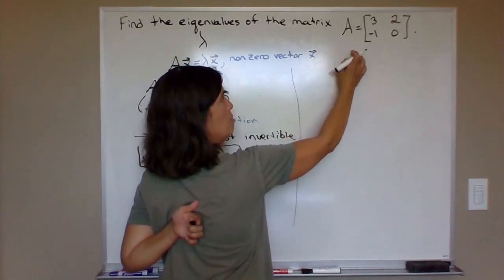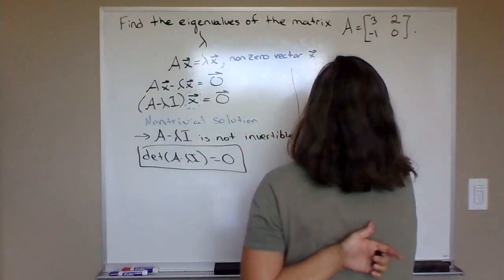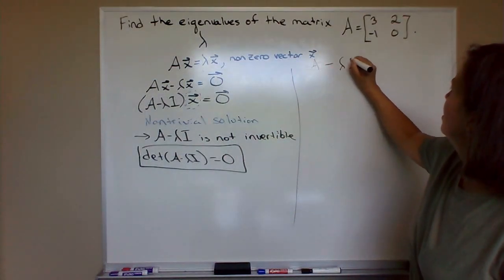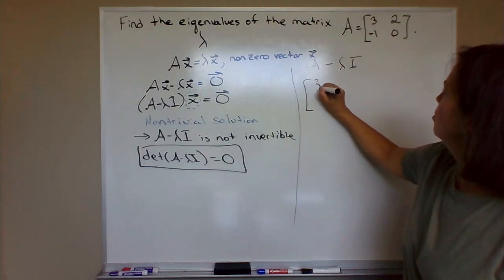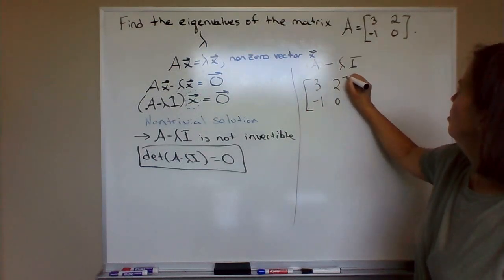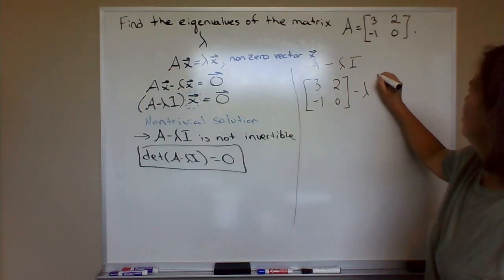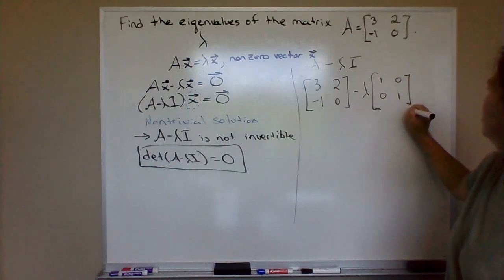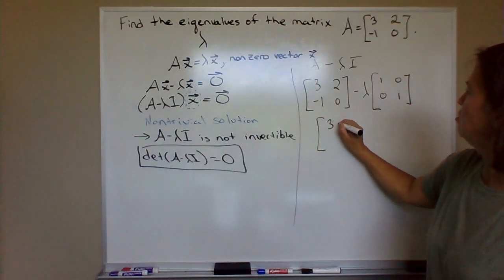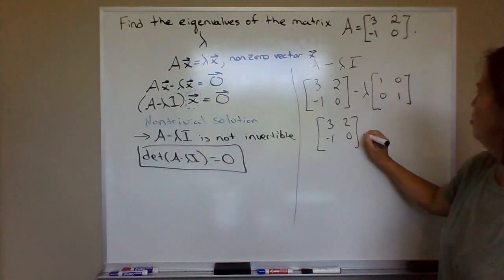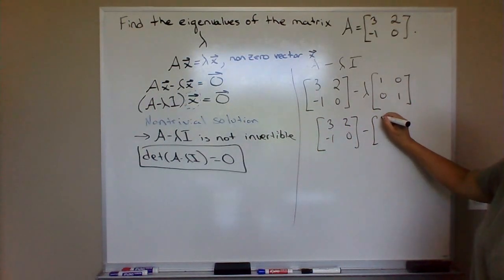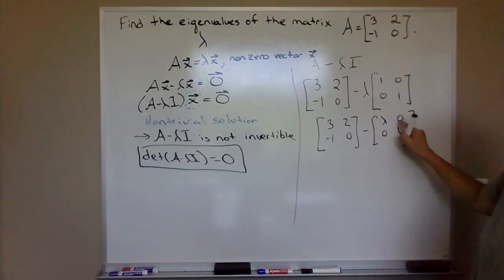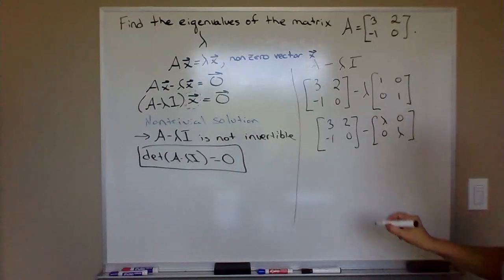All right, so I'm going to actually do that over here. First of all, I want to form this A minus lambda I matrix. So here's A minus lambda I. A is this matrix, 3, negative 1, 2, 0, minus lambda times the 2 by 2 identity matrix. So that's going to be this matrix, 3, 2, negative 1, 0, minus, if you multiply everything in here times lambda, you'll get a lambda here and a lambda here, and then lambda times 0 in these two spots, so those are still 0.